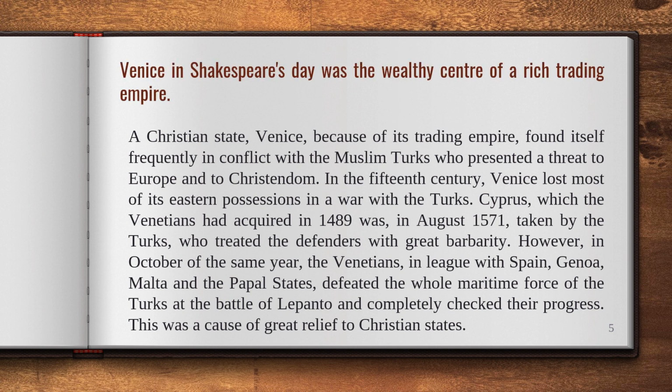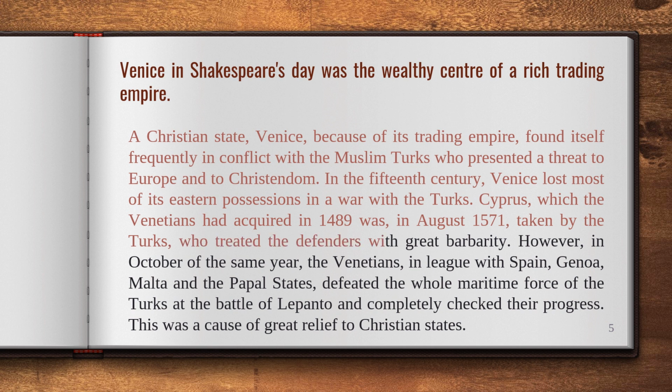Venice in Shakespeare's day was the wealthy center of a rich trading empire. A Christian state, Venice, because of its trading empire, found itself frequently in conflict with the Muslim Turks, who presented a threat to Europe and to Christendom. In the 15th century, Venice lost most of its eastern possessions in a war with the Turks.